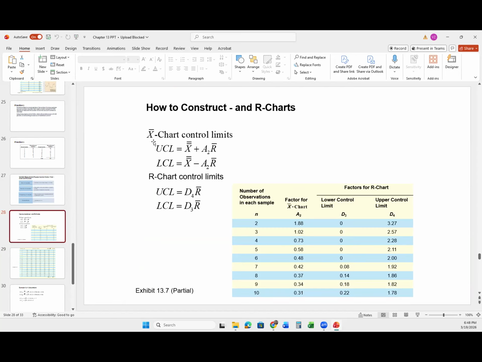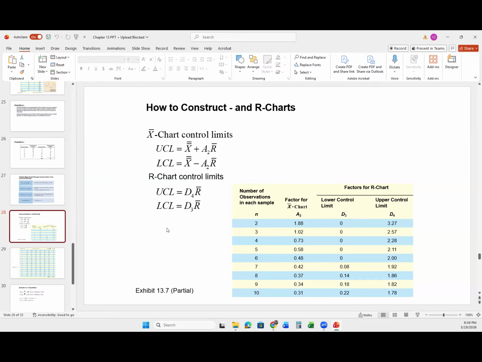The logic is actually similar to the P chart. You just need to do some calculation to find the upper and lower limits, but the formula is different. For the R chart, the R represents the range, so we need to find the average range. And there is the overall average of the measurements.